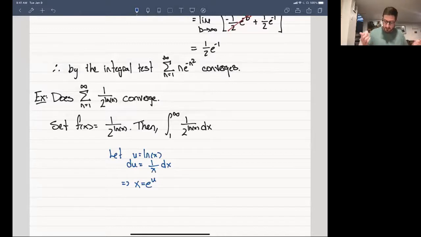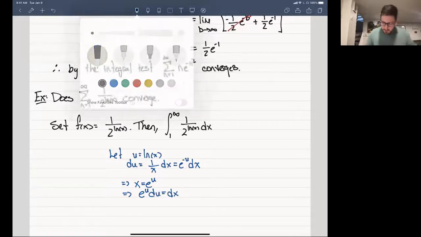So I raise both sides to the e, and this tells me that dx here, putting this all together, gives me e to the u du is equal to dx.